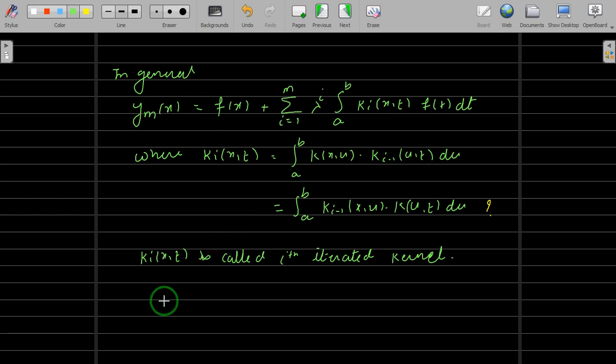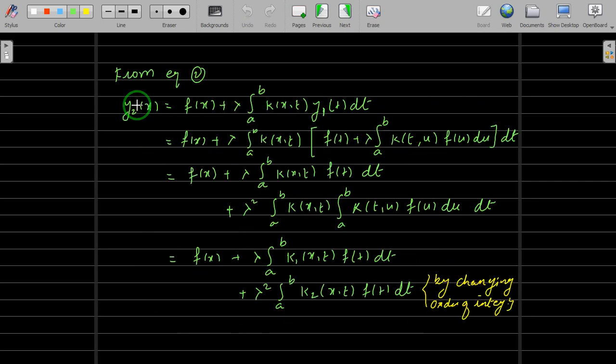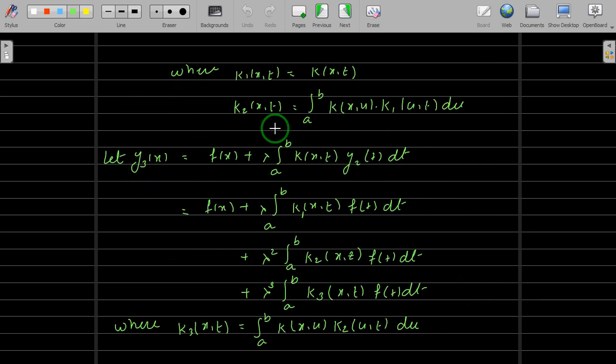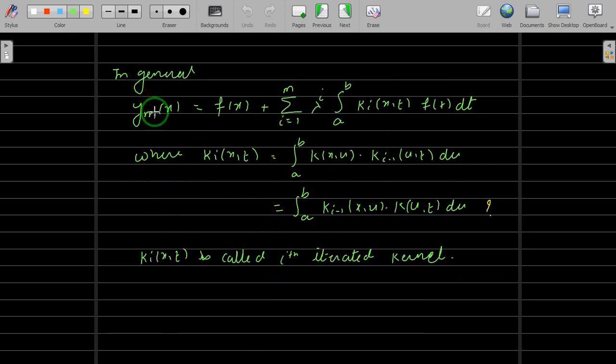And with these kernels we can write these ym. So when you take m tends to infinity, this ym, if it converges to some y function, then you have the solution which we have approximated. Now if you take the limit of this ym and if it converges, then you have the solution.